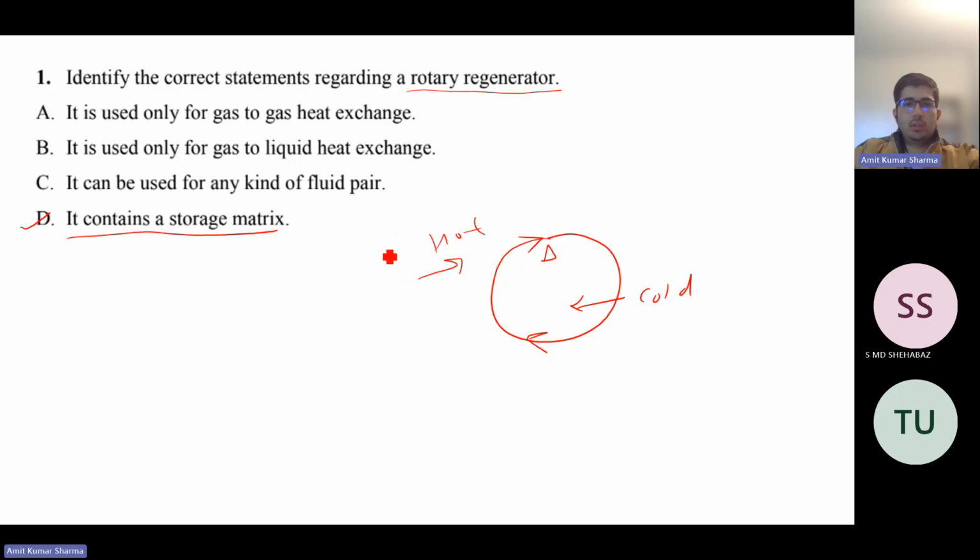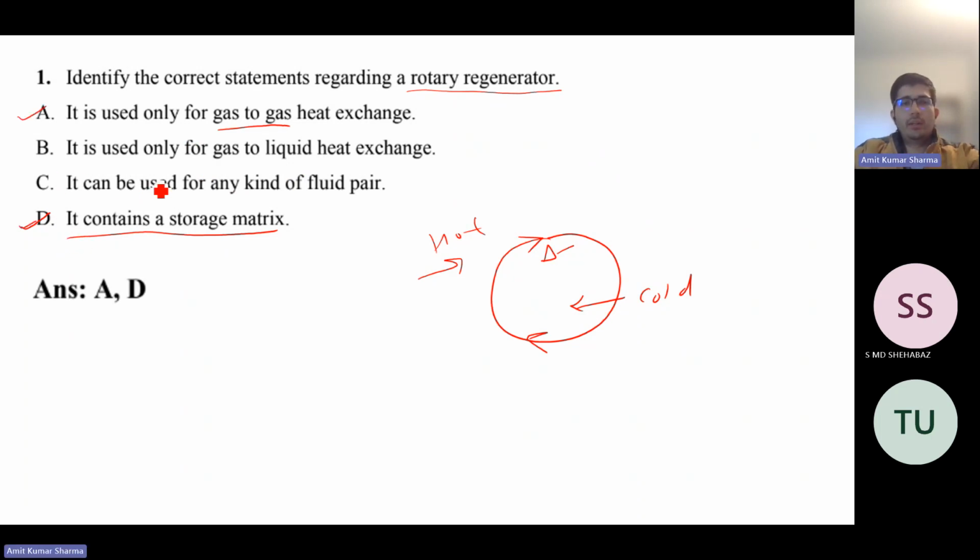So suppose this matrix part is facing the hot fluid, but after rotation it will face the cold side also. So mostly it will be used only for gases, so that it is very easy for the streams to get their heat exchanged. In this way it contains the storage matrix, and it is used for gas to gas heat exchange only. So the correct option will be A and D.